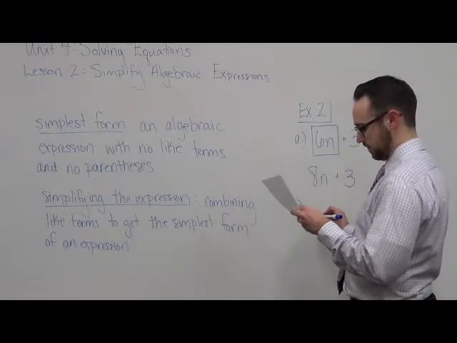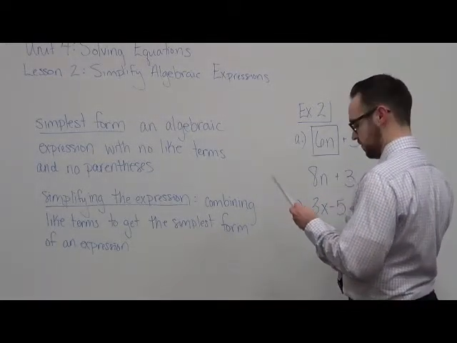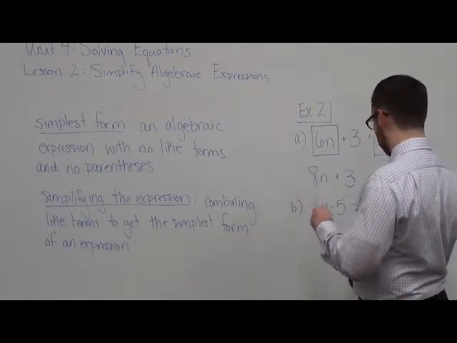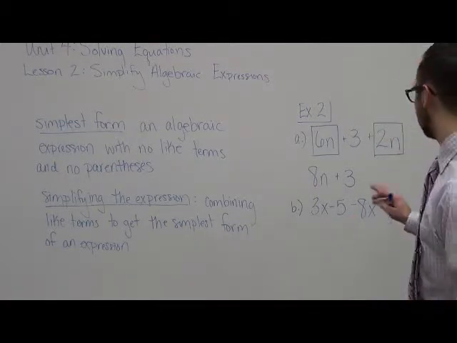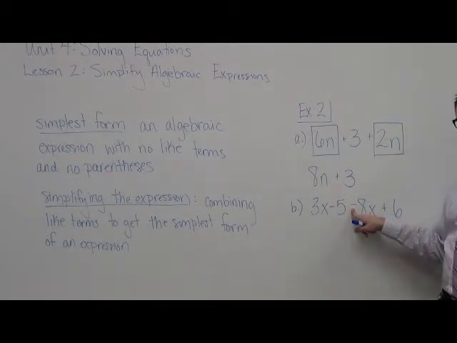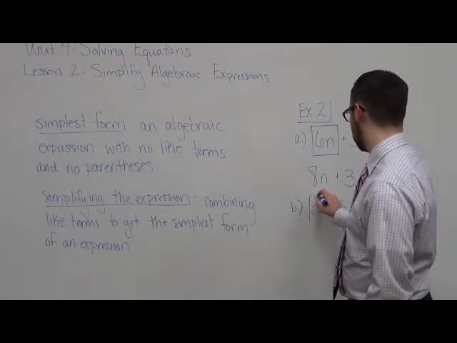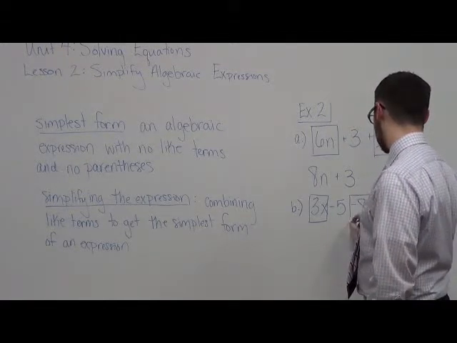Let's look at another one. If I have 3x minus 5 minus 8x plus 6. Now again, the terms carry the sign in front of them. So 3x has the same term, or is like terms, with a minus 8x.